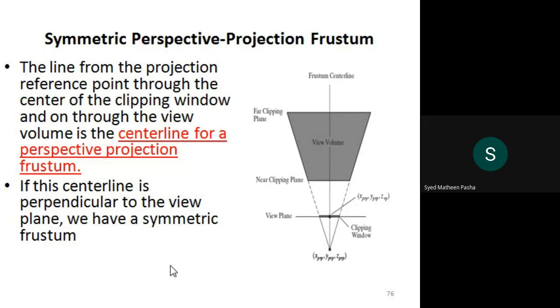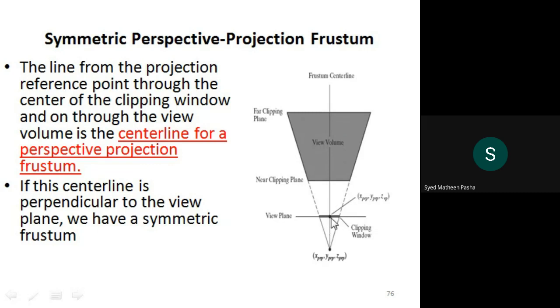In symmetric perspective projection frustum, what happens? It basically draws a central line for a perspective projection. That is, if this is the perspective projection frustum, this is the center line drawn with the help of that frustum. It basically tells the projection reference point to the center of that particular clipping area.